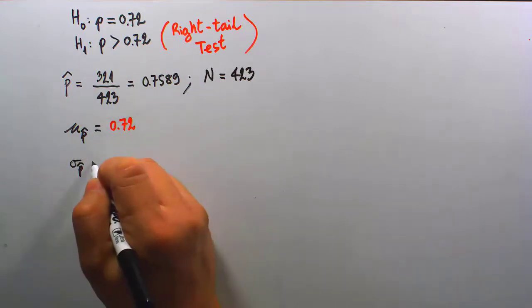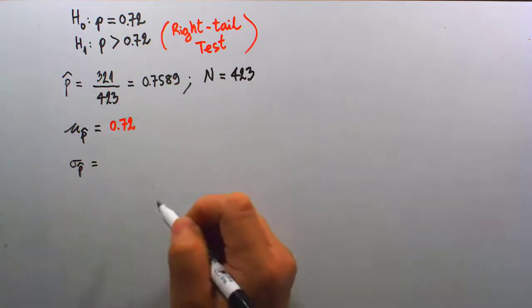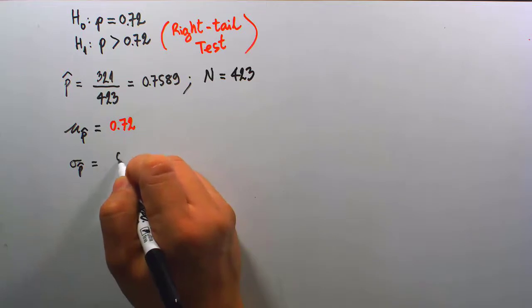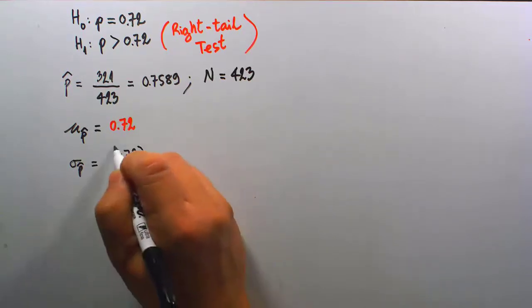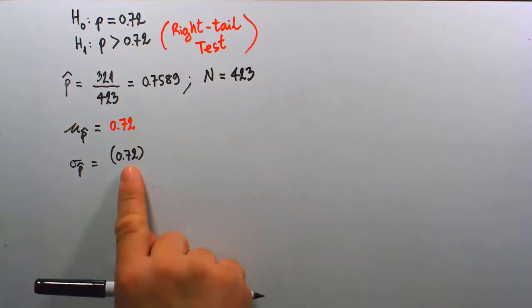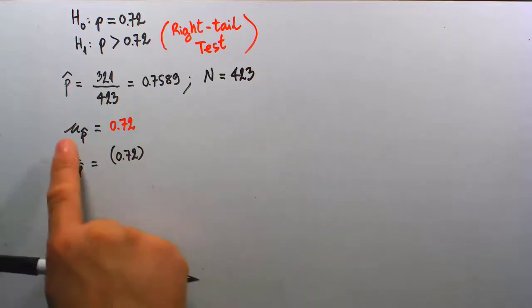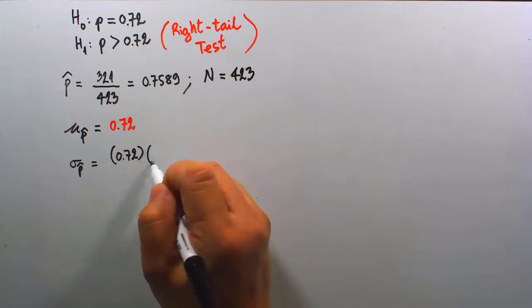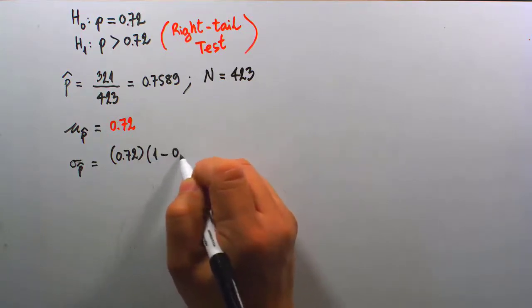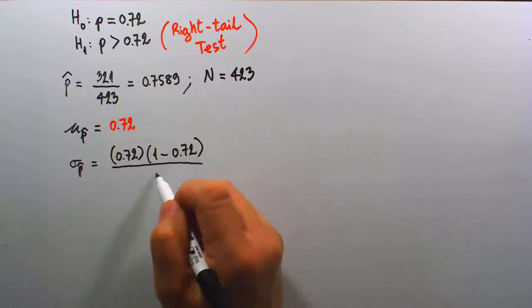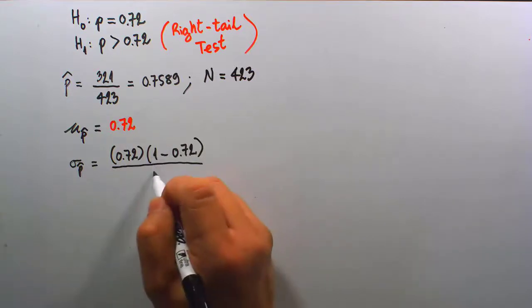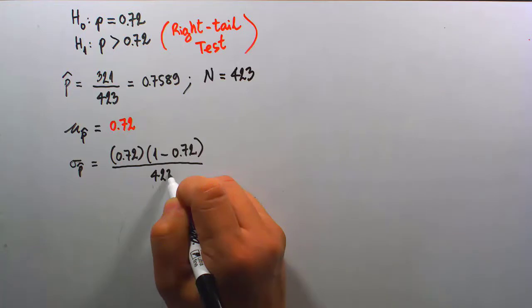This sigma p hat value can be found by the formula we learned previously when we were learning about the central limit theorem. 0.72, that was our mu p hat value, multiplied by 1 minus 0.72, divided by our sample size, 423.